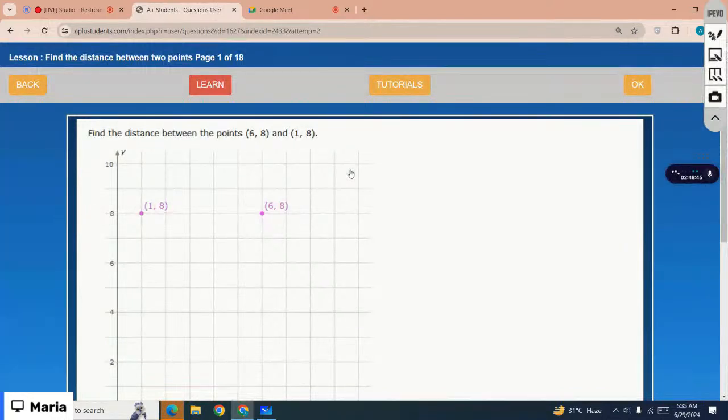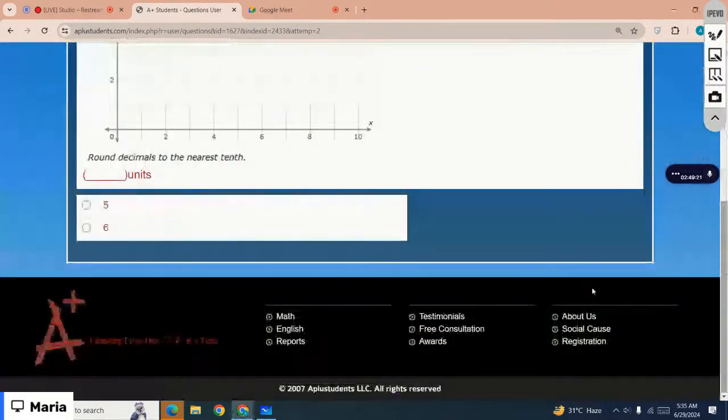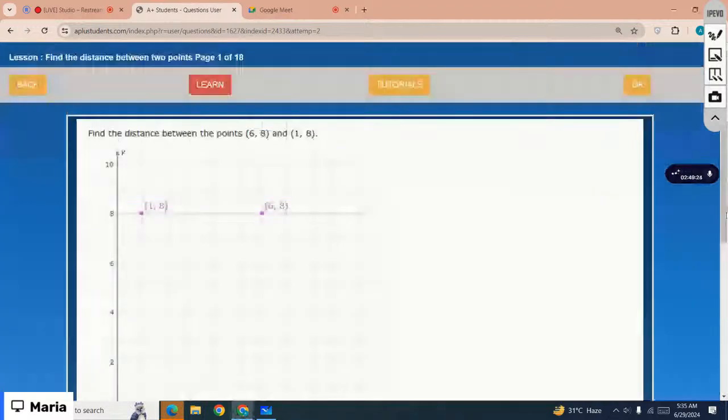So 6 minus 1 is 5. The distance between these 2 points is 5. The correct option is 5.